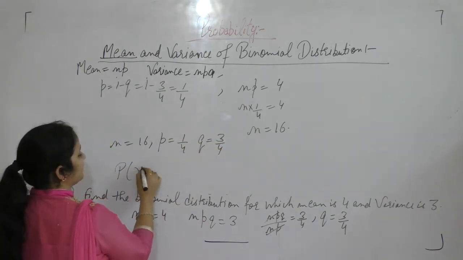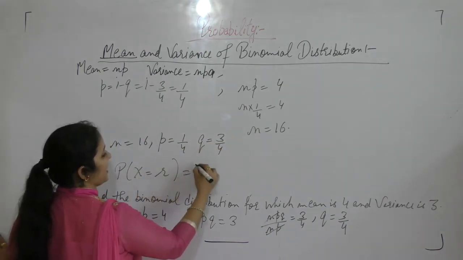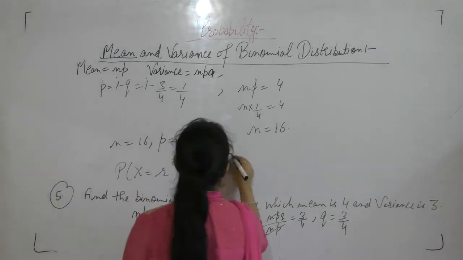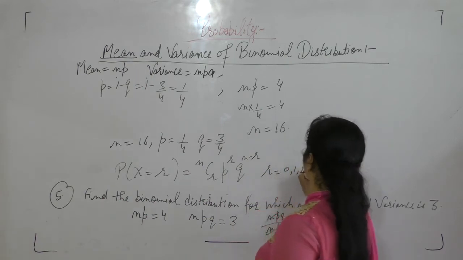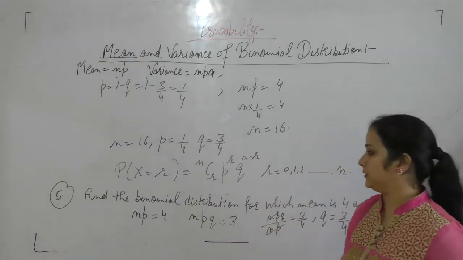What is the binomial distribution? nCr p^r q^(n minus r), r takes value from 0 to n.